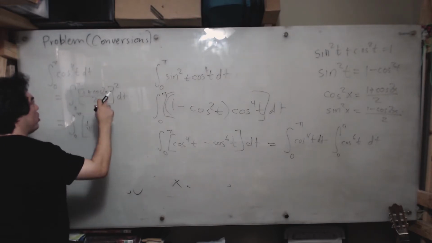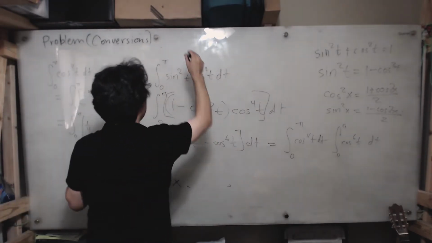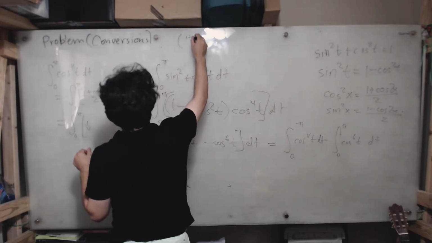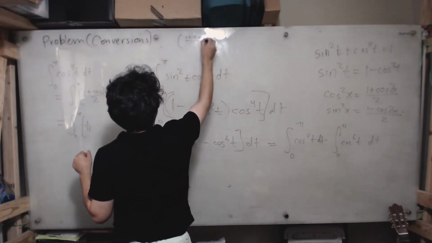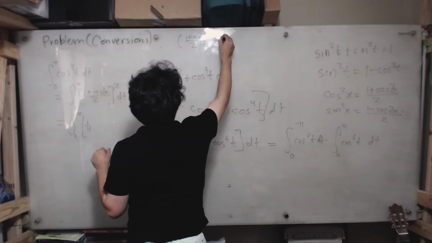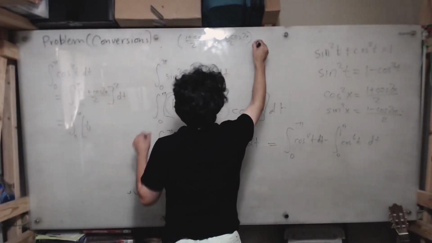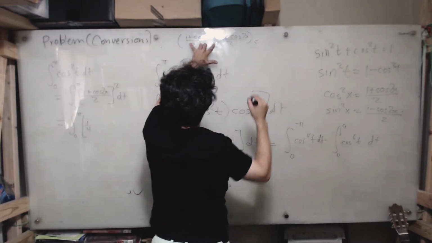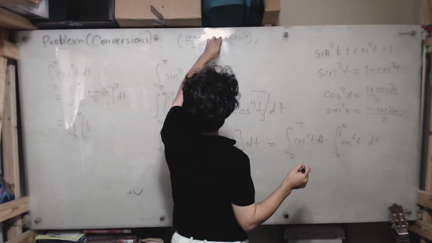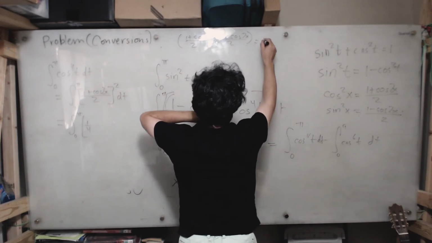Let me show that to you over here, what I'm doing. 1 plus cosine of 2x over 2 times 1 plus cosine of 2x over 2 equals: 1 times 1 is 1, and 2 times 2 is 4, so that's why it's 1/4.